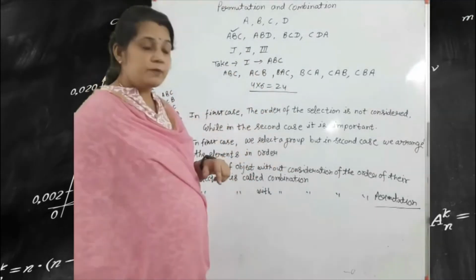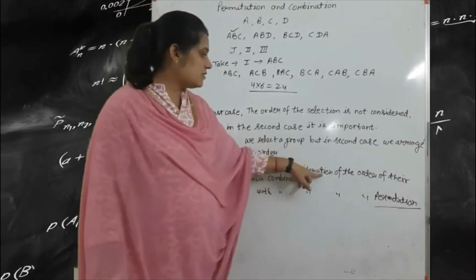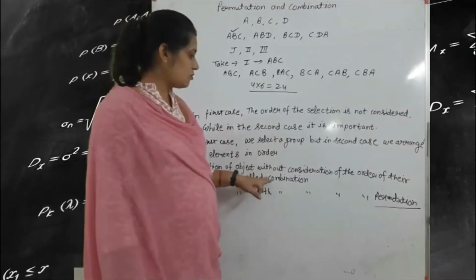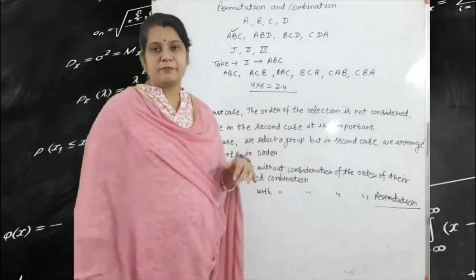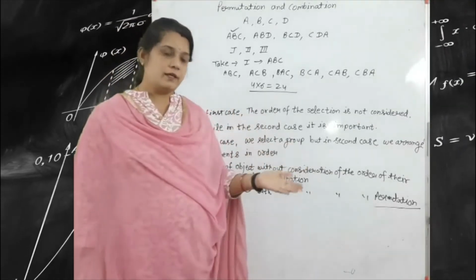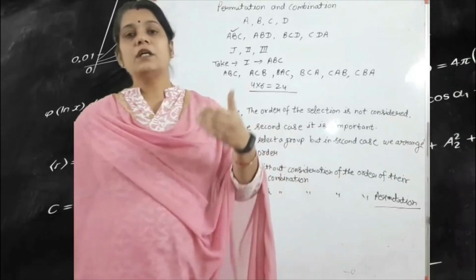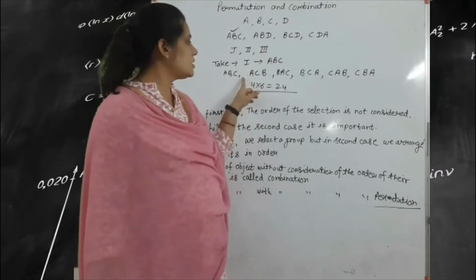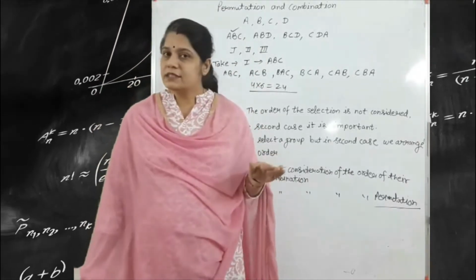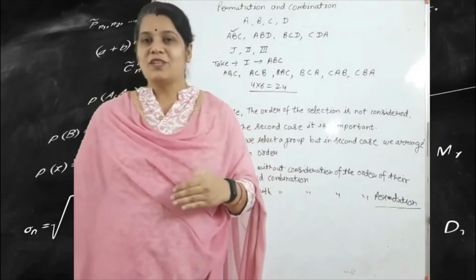But what is permutation? The selection of objects with consideration of the order of their selection is called permutation. That means combination is without consideration of the order, and permutation is with consideration of the order.